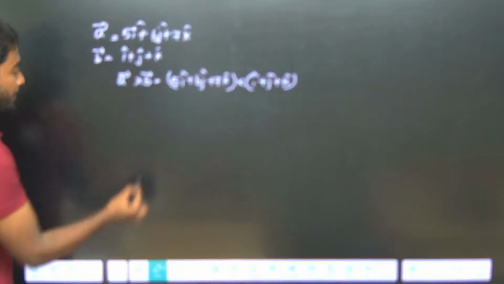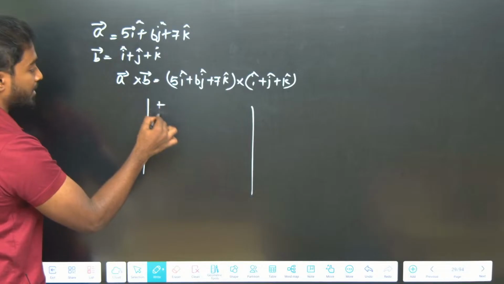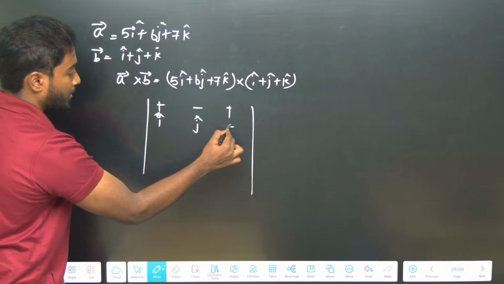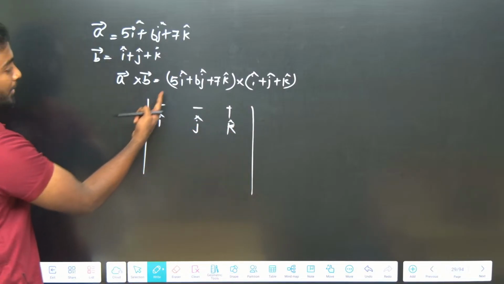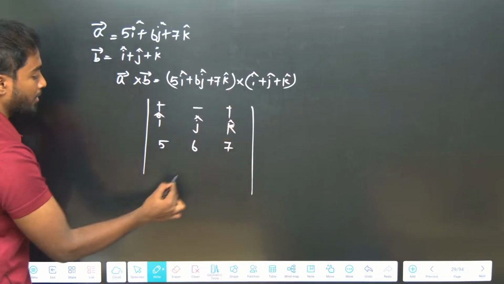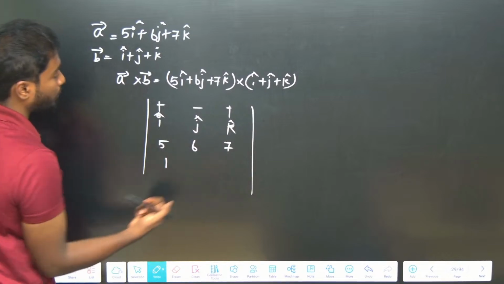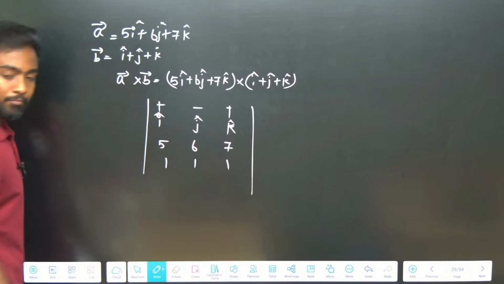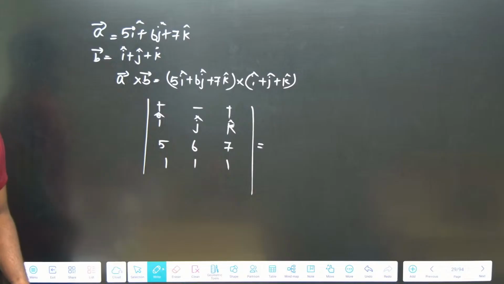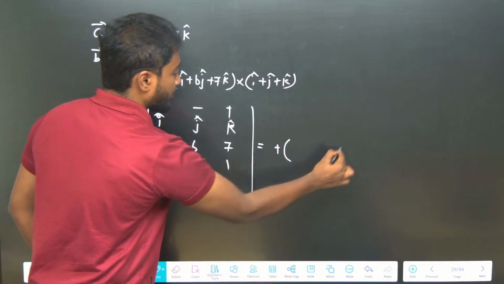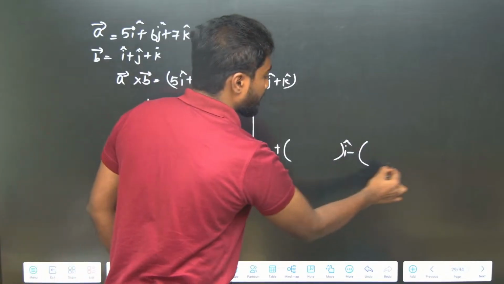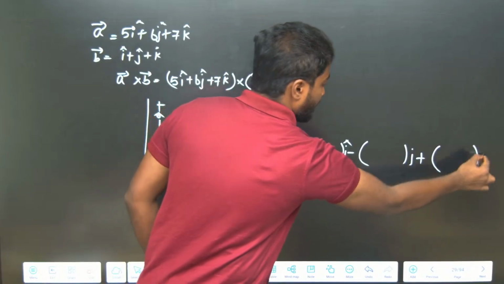First, the signs are plus, minus, plus over I cap, j cap, k cap. The values are 5, 6, 7 and 1, 1, 1. What is the first sign? Plus. Keep plus as it is for I cap, minus for j cap, again plus for k cap.